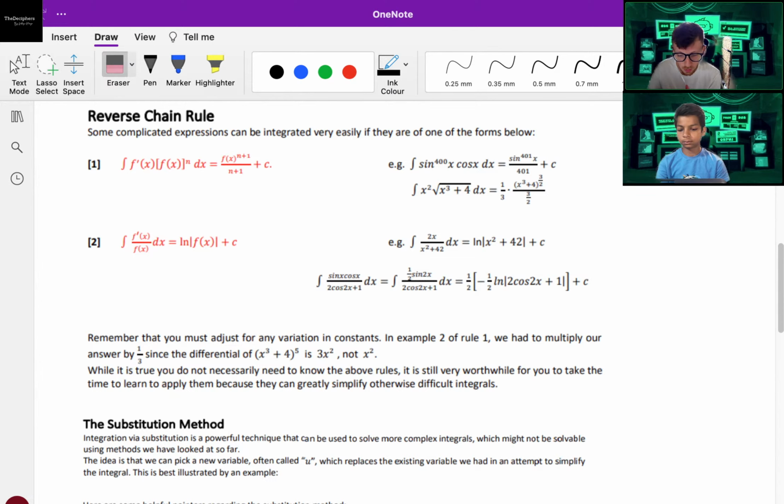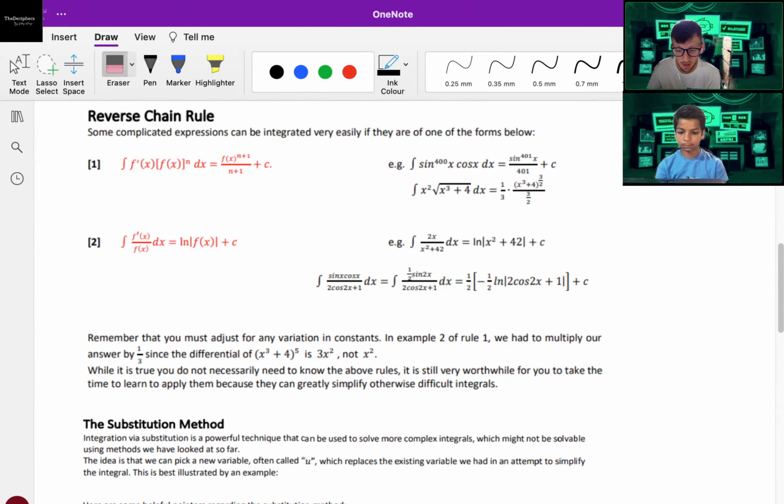So for example, sine to the power of 400 x times cos x, if you're integrating that, well, you know that sine differentiates to cos, so sine to the power of n differentiated will be sine to the power of n minus 1 x times the derivative of that, cos x. So this sine^400 x times cos x is actually the result from the chain rule, so we're using the reverse chain rule.